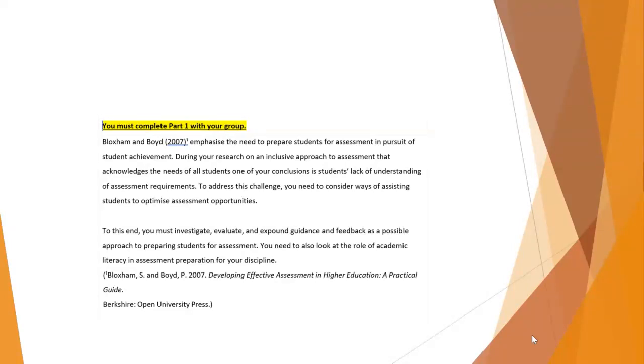They also need to be able to reference, paraphrase, compile bibliographies, all those things that are associated with academic literacy, including searching for credible online sources and then being able to evaluate the usefulness and credibility of those sources. So all of that is linked to academic literacy. So academic literacy plays a huge role in preparing students for assessments in your discipline.